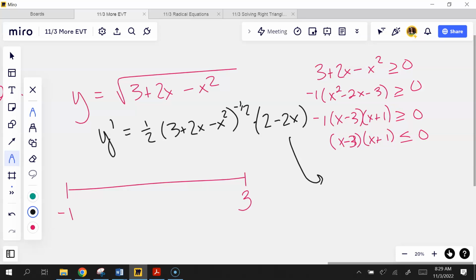All right, I'm going to take a 2 out of everything so I can cancel that 1/2 out. So I have 1 minus x over the square root of 3 plus 2x minus x squared.